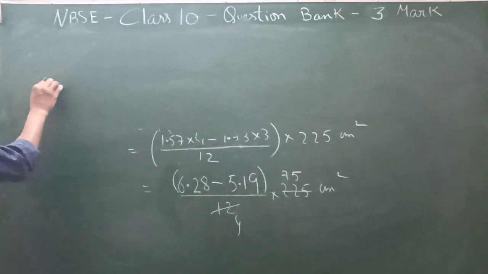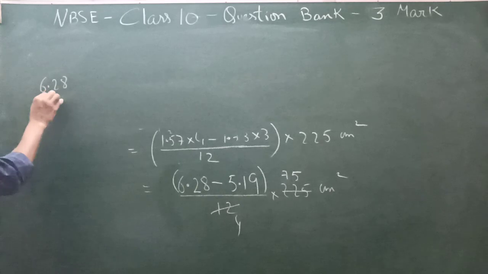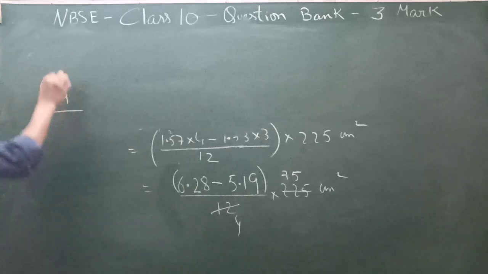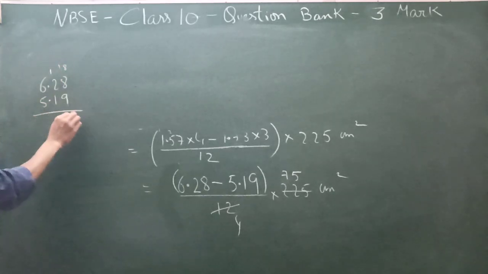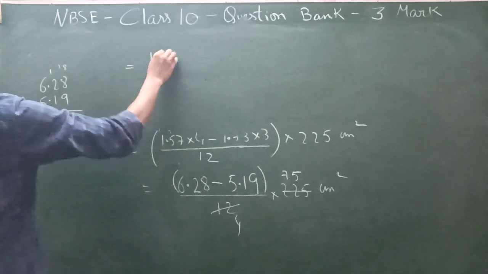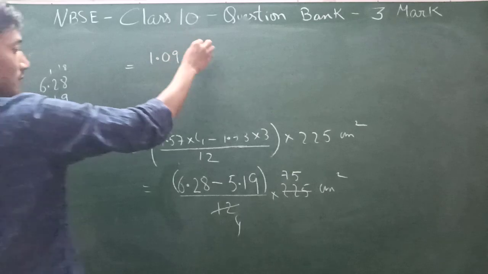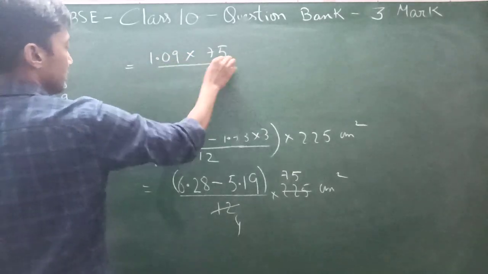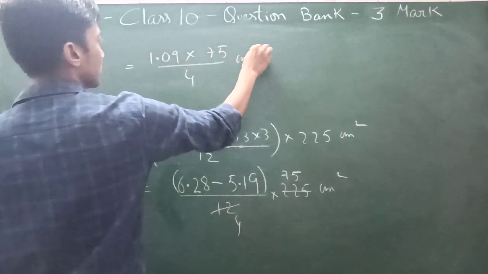So now, if we subtract 6.28 minus 5.19, it's 1.09, into 75 divided by 4 centimeters square.